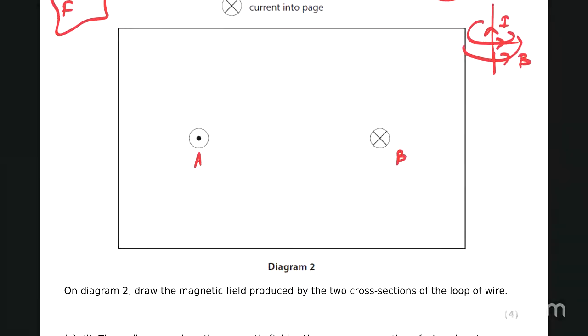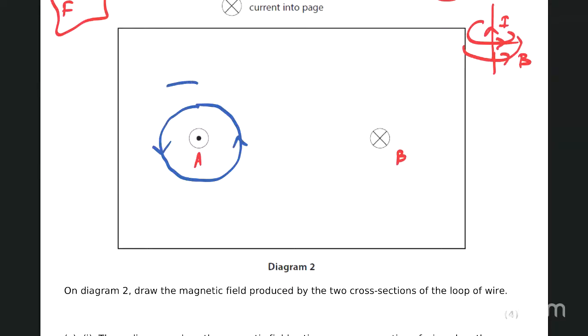From position A, the current is coming towards you, which means you need to place the thumb pointing towards you, which means the other fingers will have a direction like this.